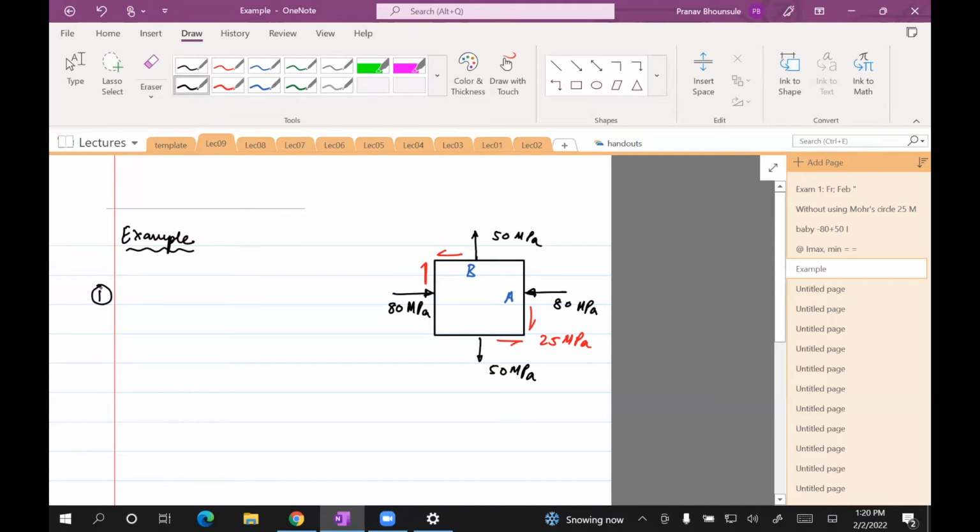So compute the stress for a 30 degrees clockwise rotation of the plane stress element.